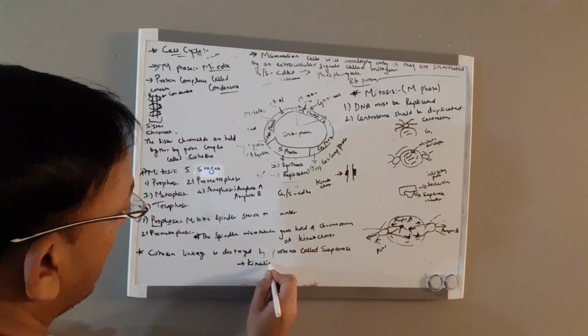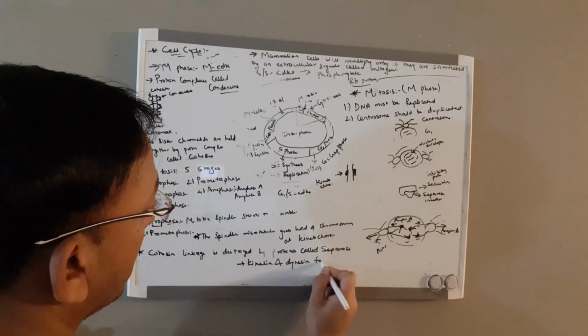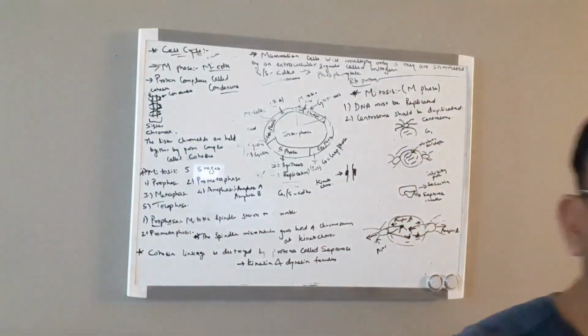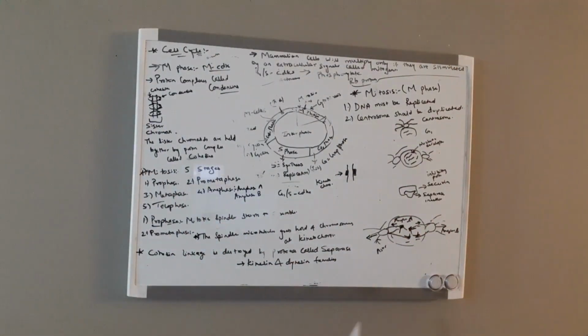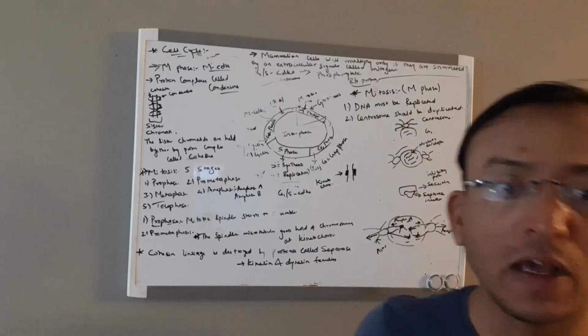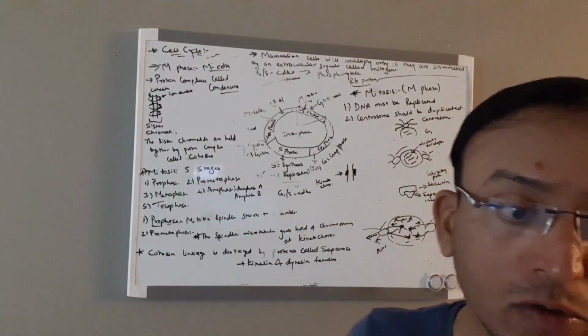So these motor proteins are provided for anaphase B, and the kinesin proteins act on the long overlapping interpolar microtubules, right?